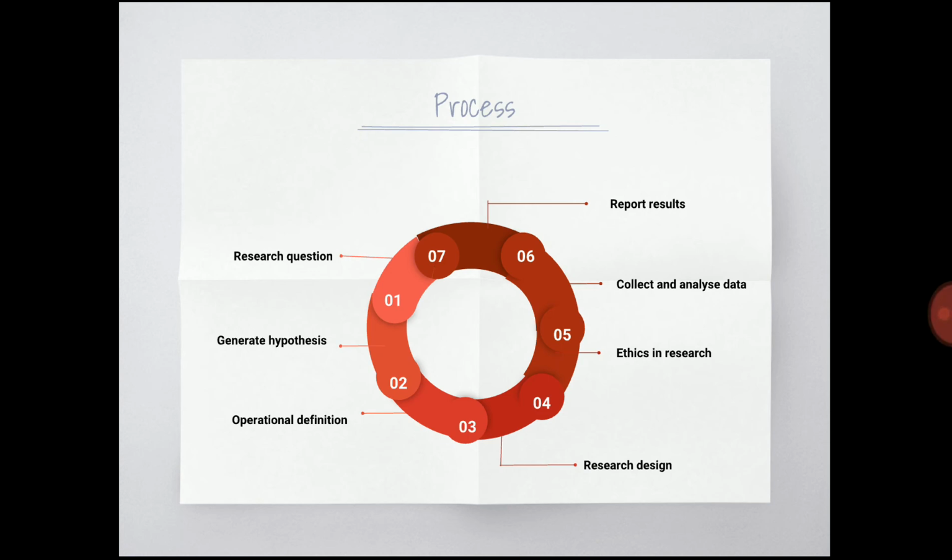Right? So once I've selected the sample, then I'm able to collect the data, and once I've collected the data, then I move on to the next step, where I'm able to summarize data and then report the findings.